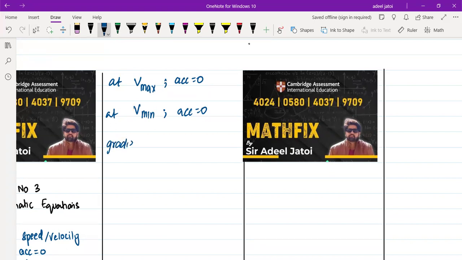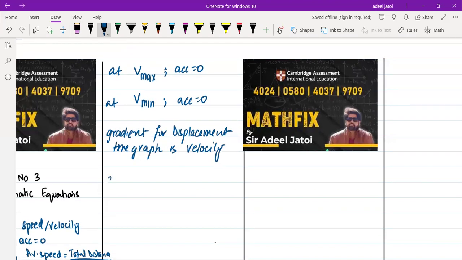Gradient for displacement time graph is velocity. Gradient for velocity time graph is acceleration.